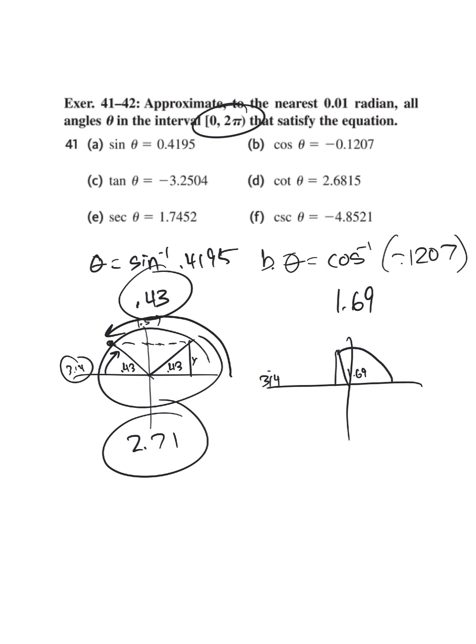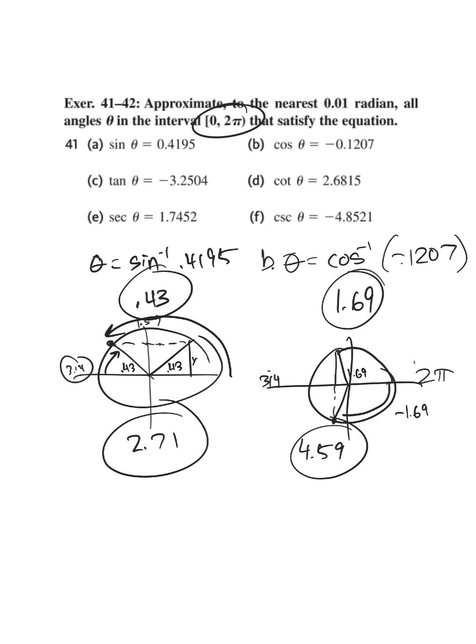The x value is also right there. So how do we get to there? Well, that's negative 1.69 going this direction. So you take 2 times pi, and then subtract 1.69 from it, and you get 4.59. So there's your two radian measurements.